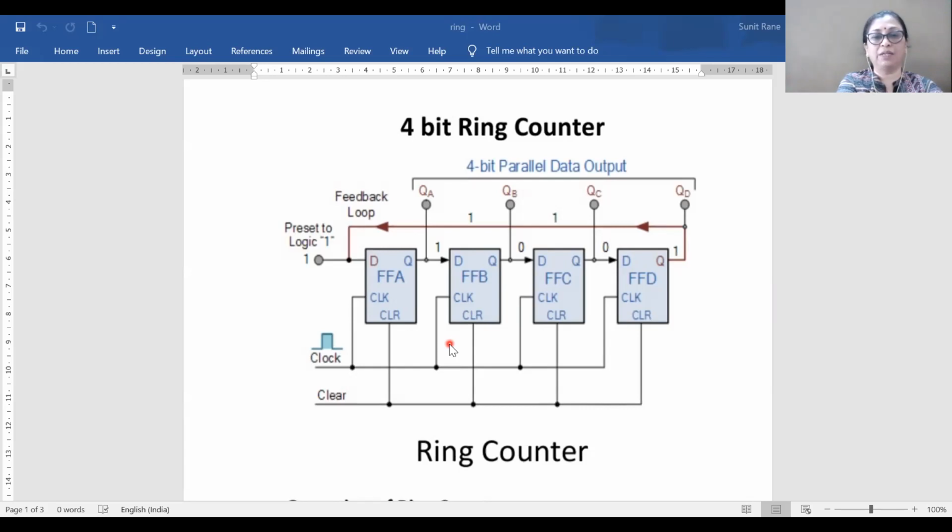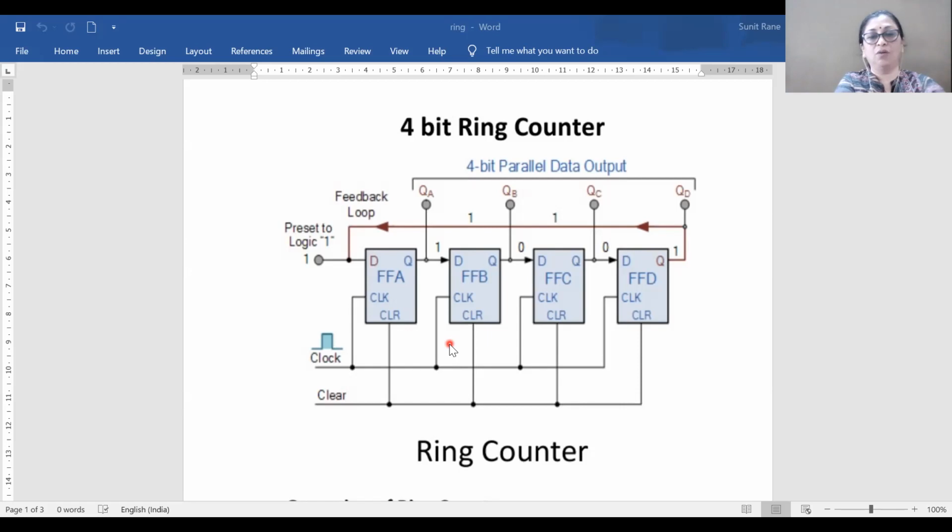So once you activate the clear signal, all the outputs of the flip-flops will be reset, that is, they will be equal to 0, 0, 0, 0. So for that purpose, this clear type of asynchronous input is used in a flip-flop.